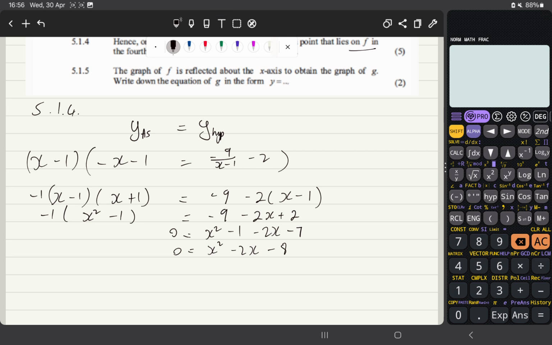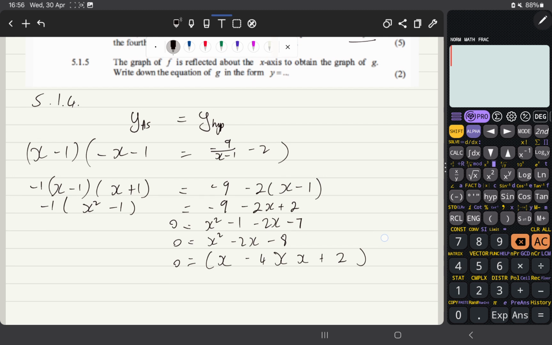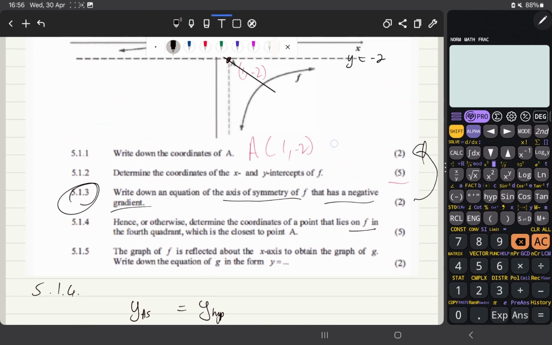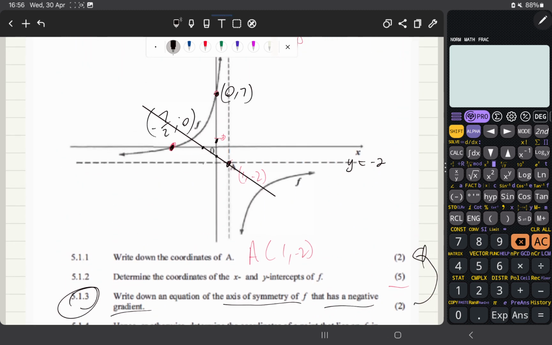So then factorizing this, I'm going to have x minus 4 and x plus 2. Solving for x, I have x equals 4, or x equals minus 2. Looking at these values, the one that should be in the fourth quadrant, the x values in the fourth quadrant are positive.